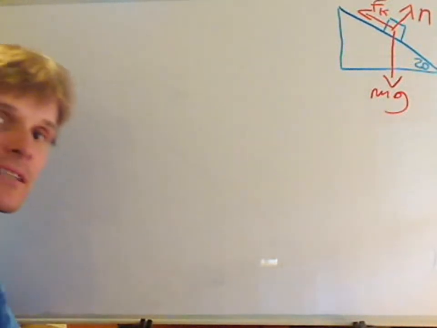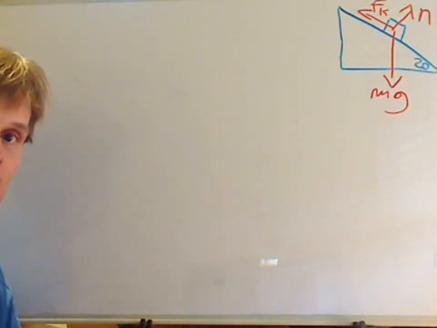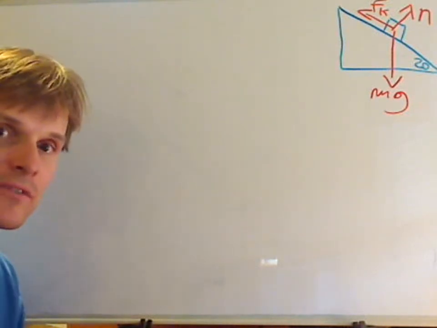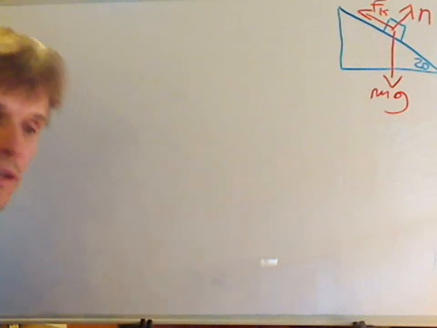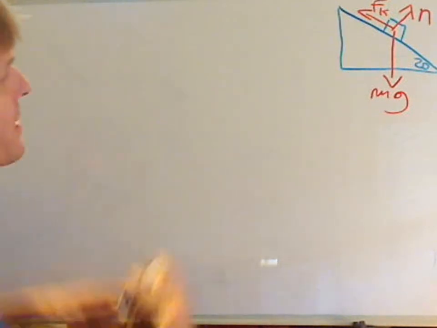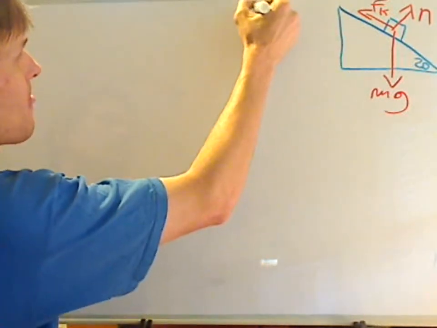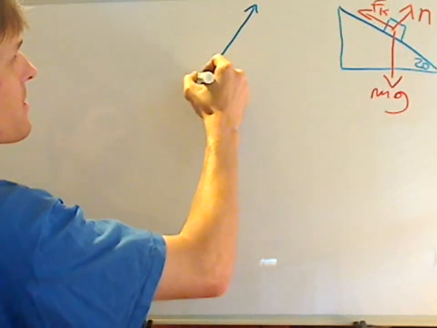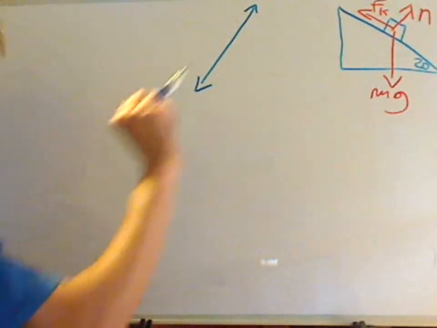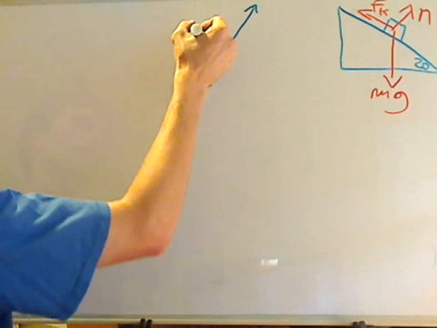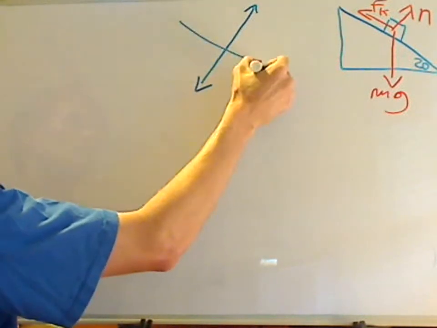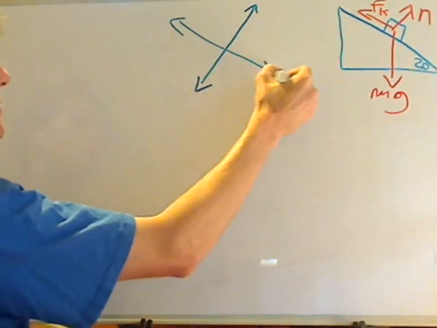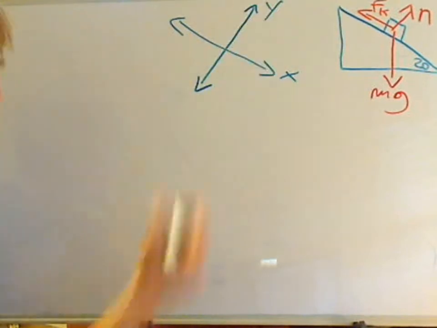And remember, when we have these incline type problems, the easiest way to solve them is to pick a tilted coordinate axis. So we're going to pick our y-axis pointing perpendicular to the surface, and our x-axis points down the slope.